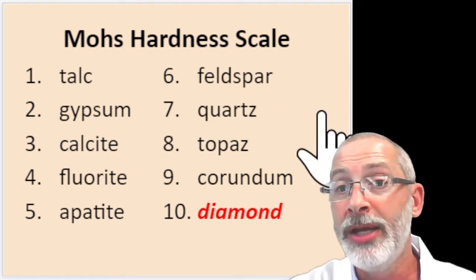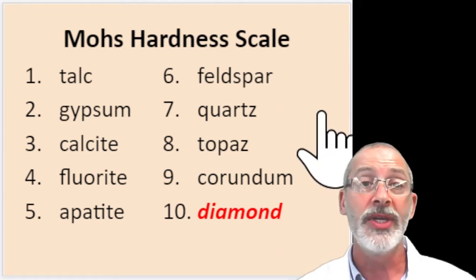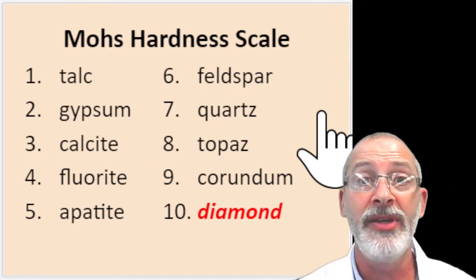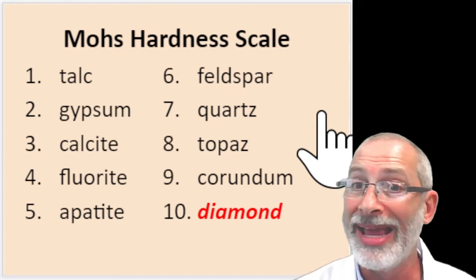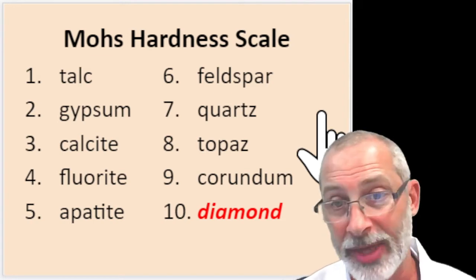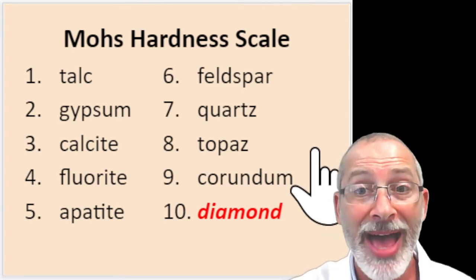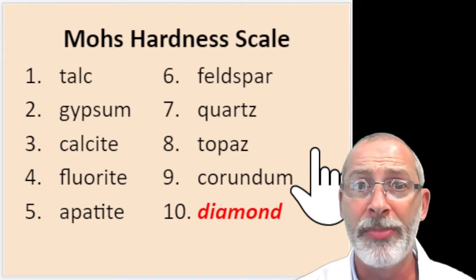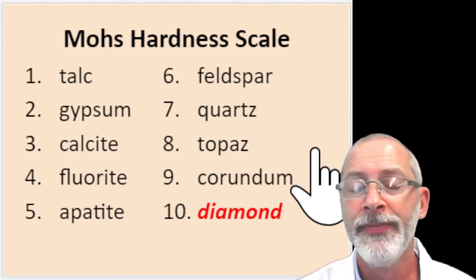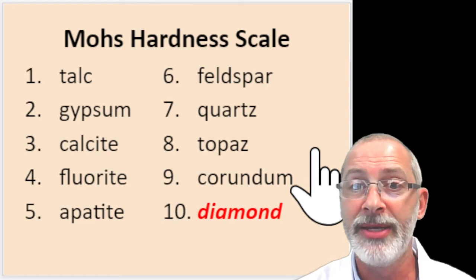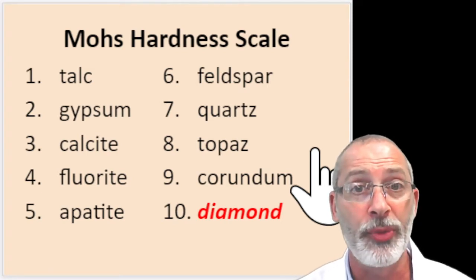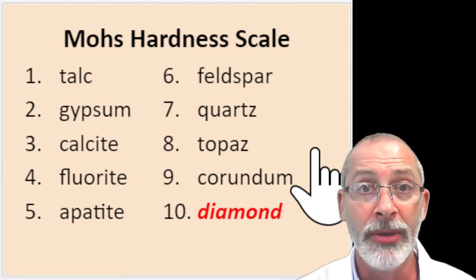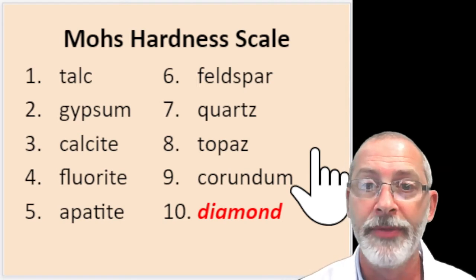So with that in mind, you can probably guess that quartz, having a hardness of 7, can be scratched by anything above, but by nothing below. Topaz is a gemstone. Some people have topaz rings or earrings or pendants because topaz is one of the 3 hardest minerals on planet Earth.